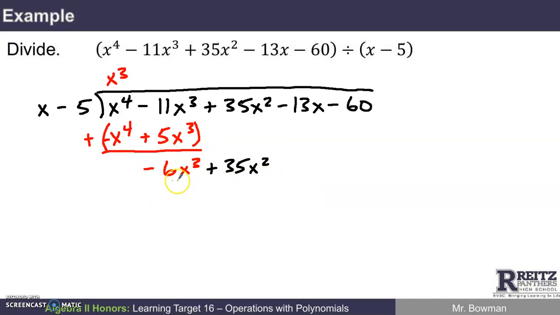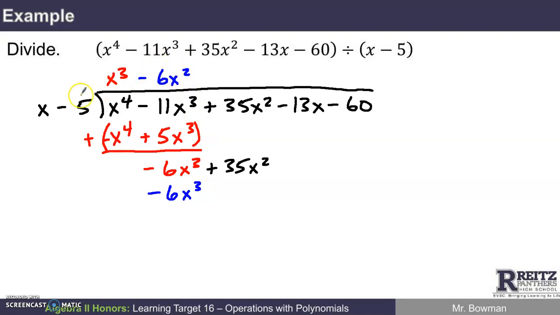And what I'm looking at now is running through this process for a second step. So now I want to say, well, what can I multiply by x to get negative 6x cubed? And the answer is negative 6x squared. And now I will multiply negative 6x squared by both of these, and I'll place them right here. So negative 6x squared times x is negative 6x cubed.